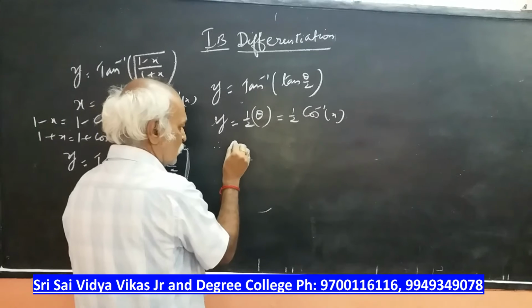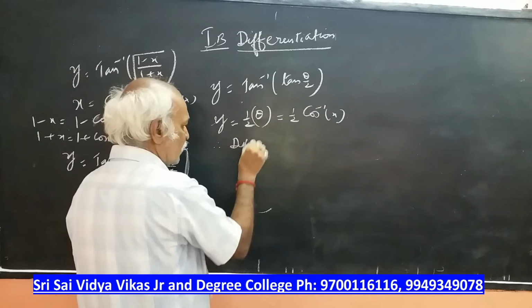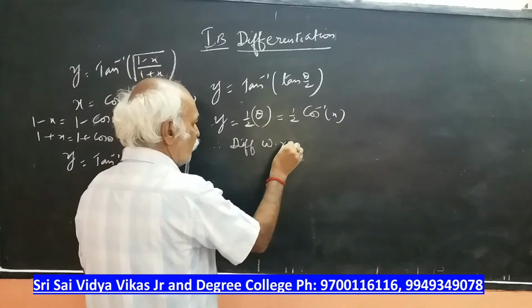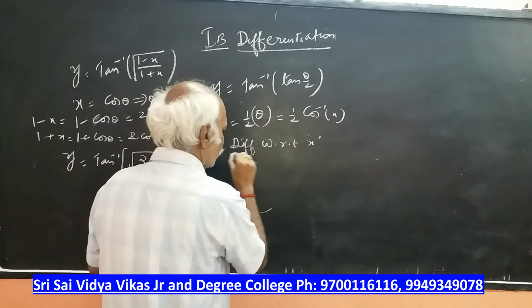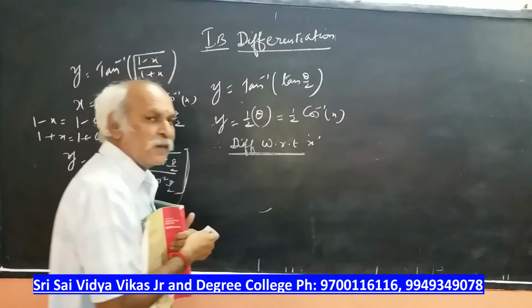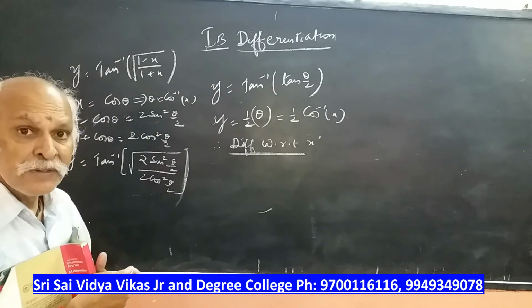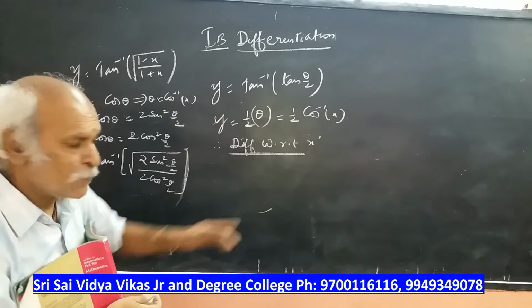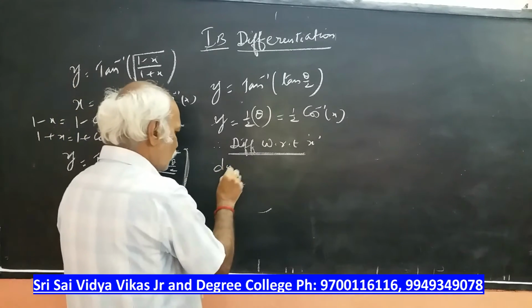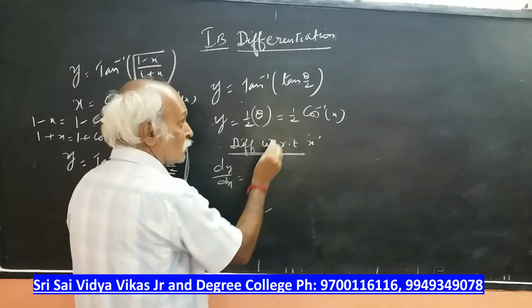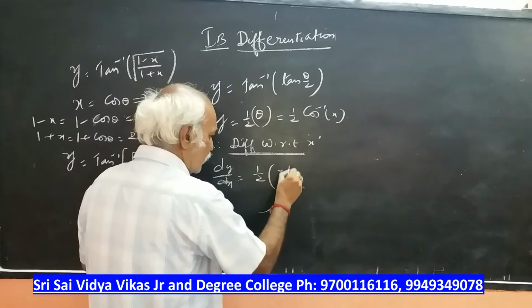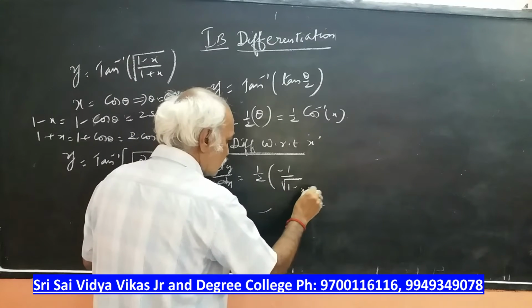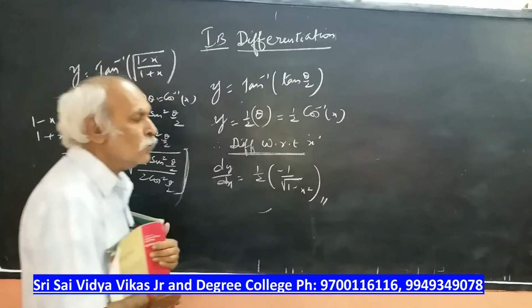Now I am writing one statement: differentiate with respect to x. What is the word? Differentiate with respect to x. WRT means with respect to. Dy by dx is equal to 1 by 2, the derivative of cos inverse x.